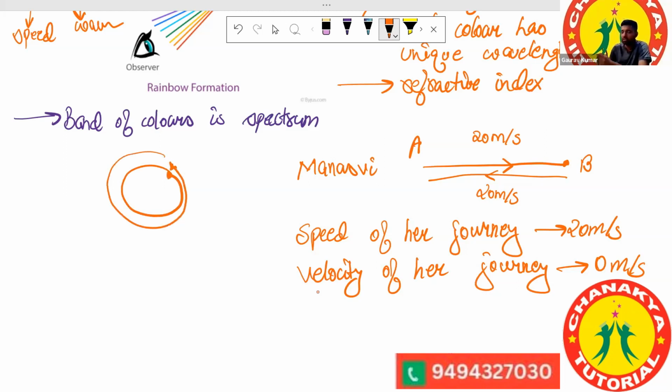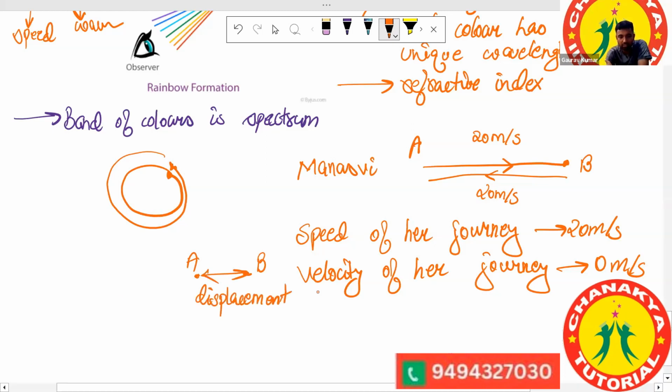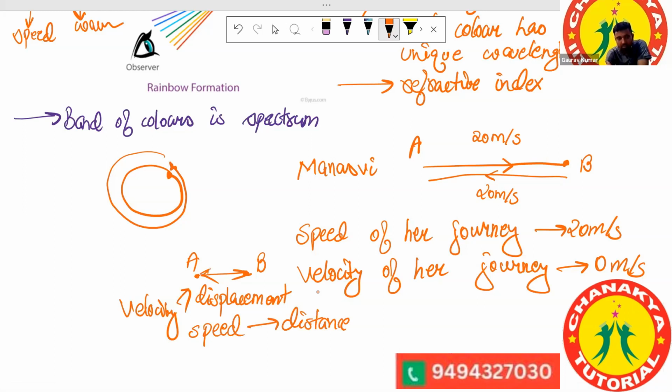Displacement is not the amount of distance traveled; it is the difference between the two points. Velocity is related to displacement, whereas speed is related to distance. Are you confused?